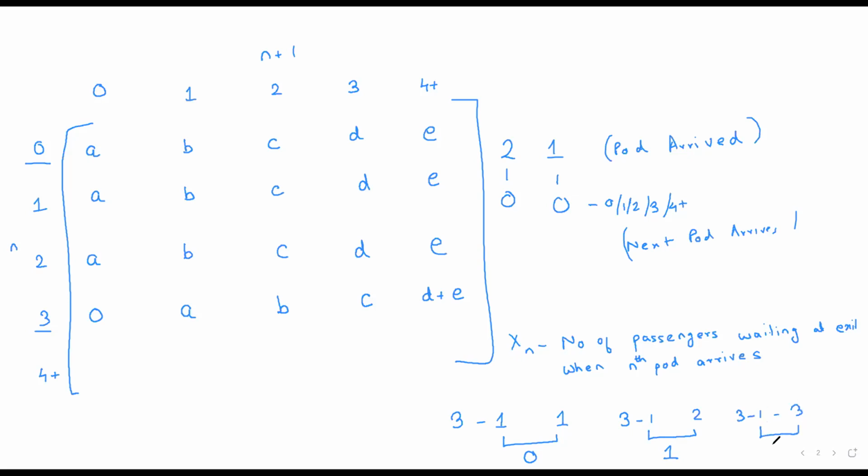If two passengers come, the probability of which is C. How will I go from 3 to 1 to, let's say, 4 plus, if 3 plus comes? 3 plus can be written as 3 and 4 plus. Probability of 3 passengers arriving is D. Probability of 4 or more passengers arriving is E. So D plus E. Is this clear, Kanishka?